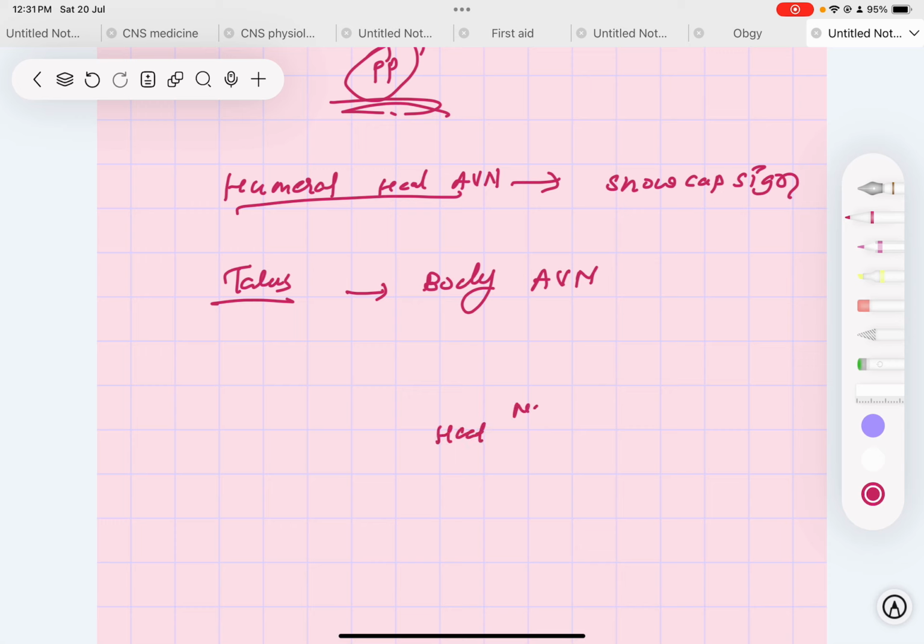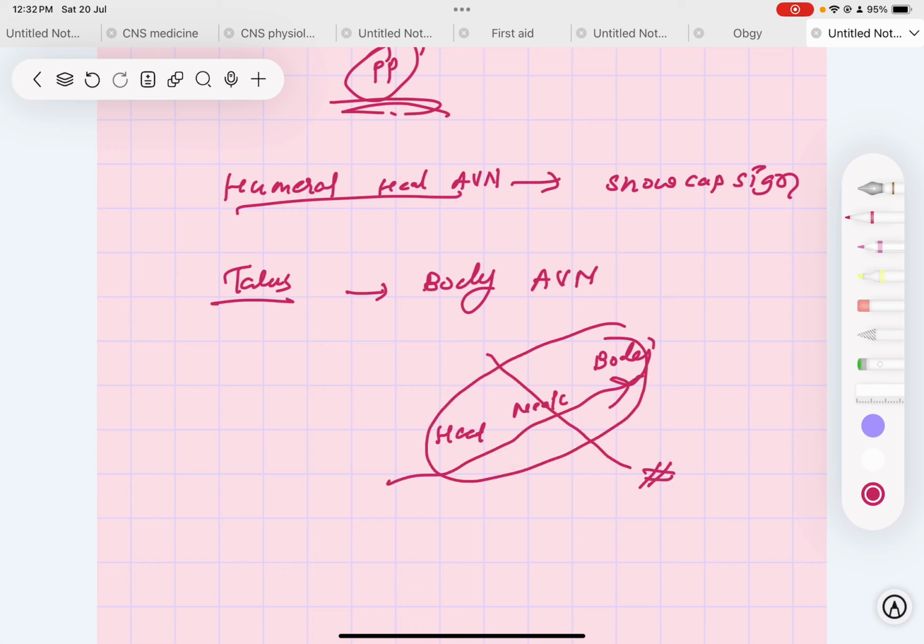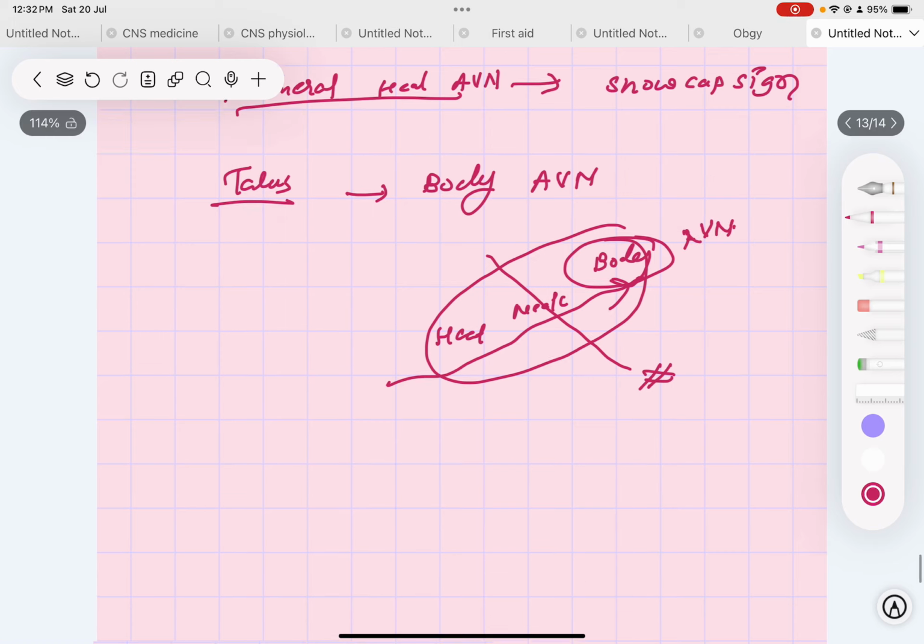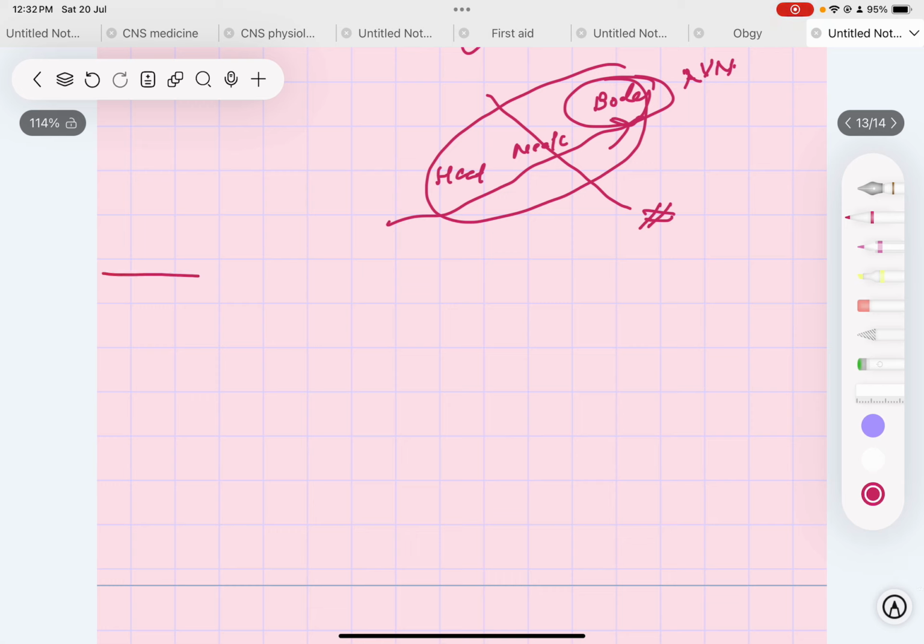Here is the head, here is the neck and here is the body, and the blood supply will be like this. So fracture of the neck will give rise to avascular necrosis of the body. So this was about avascular necrosis of various bones which get retrograde blood supply.